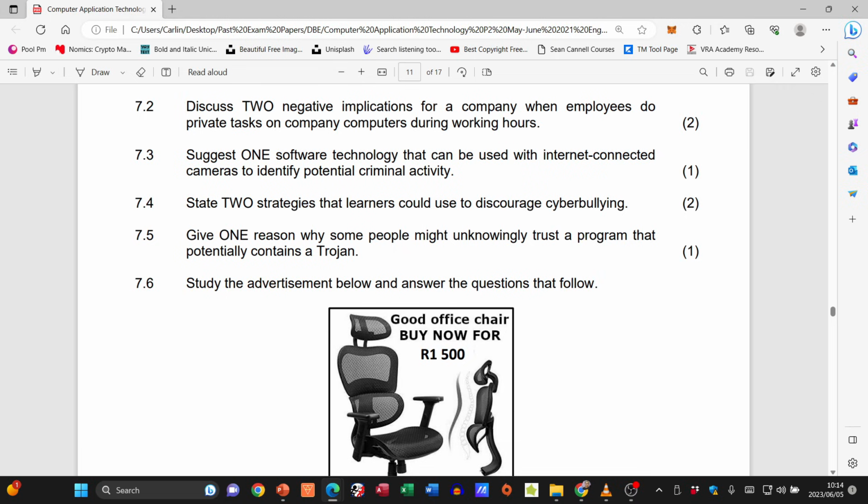Then 7.4, state 2 strategies that learners could use to discourage cyberbullying. So what can you do? Well, you can report the offender. You can block the offender. You can not respond to their messages. And I know that's difficult. So report them, block them.